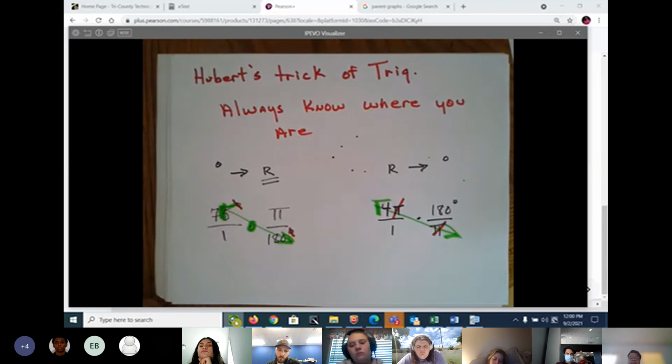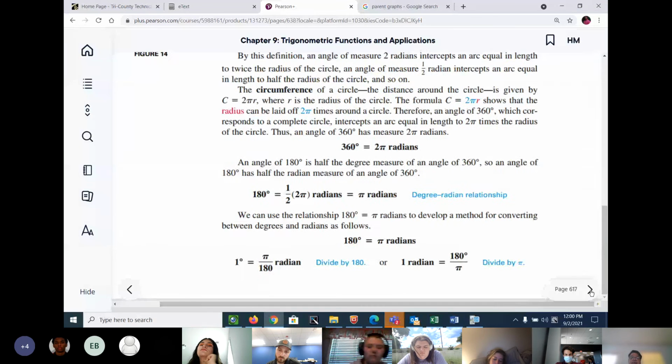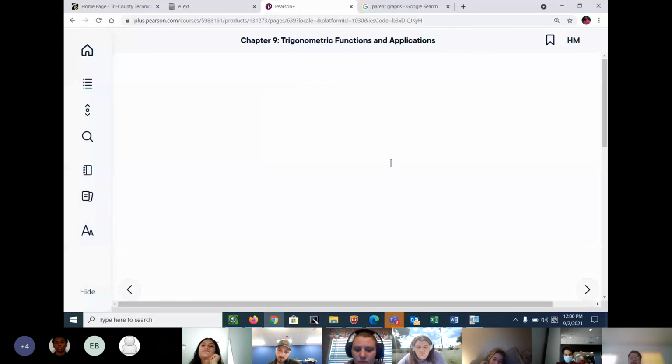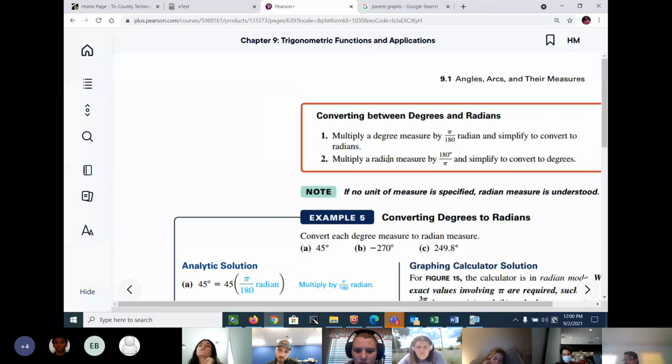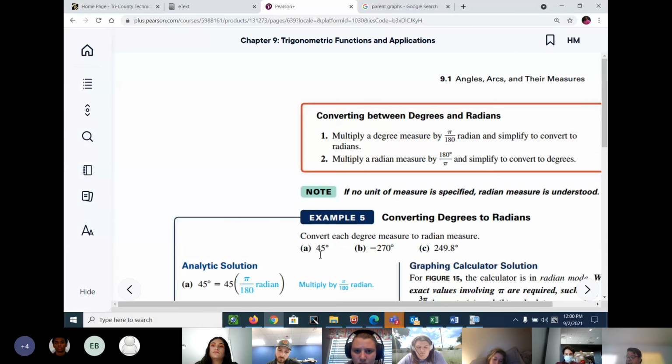All right, let's move on. I did that twice for you already, so I'm not going to give you another example. You can write one down if you want to. Let's do 45. 45 degrees over 1 multiplied by pi over 180.